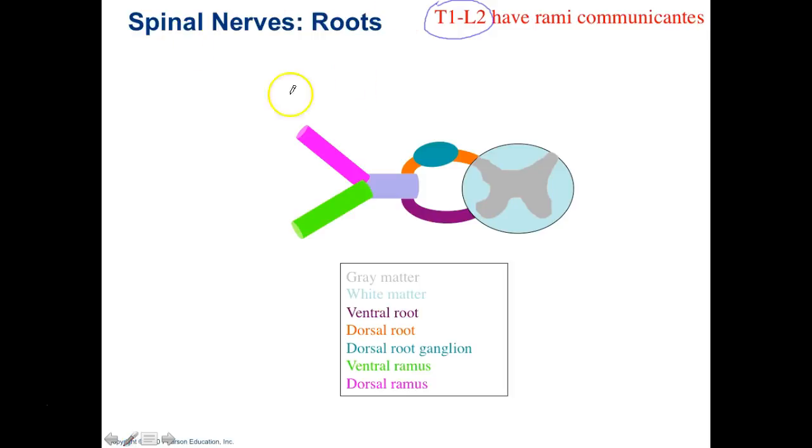So our exception is T2 through T12. They are not going to create plexi. Instead, they are going to create intercostal nerves, and they'll go to supply muscles of the ribs, the anterolateral thorax, and also the abdominal wall.